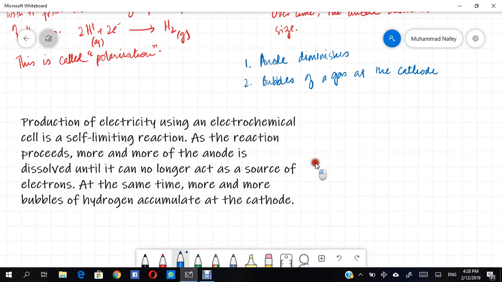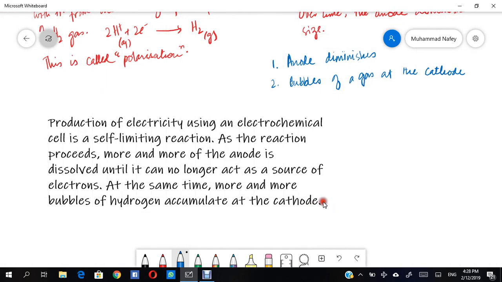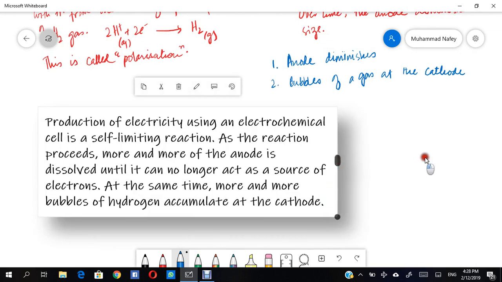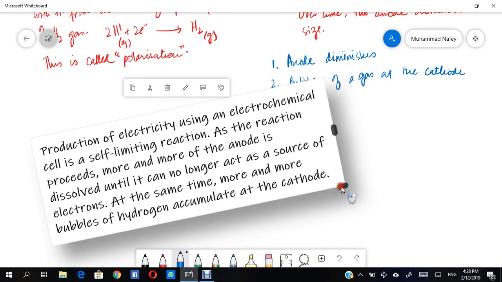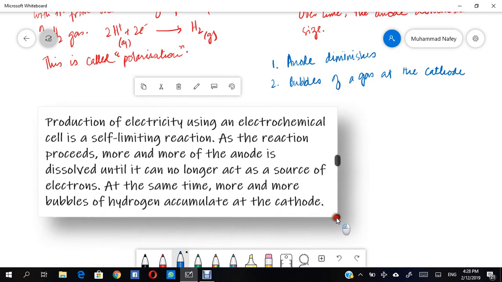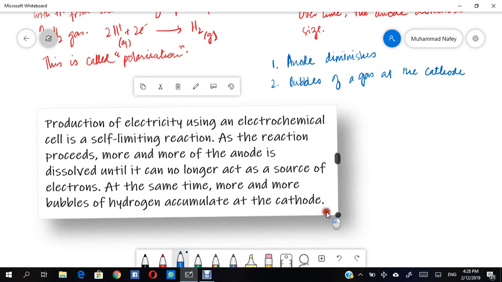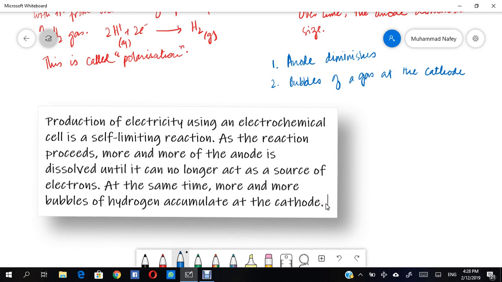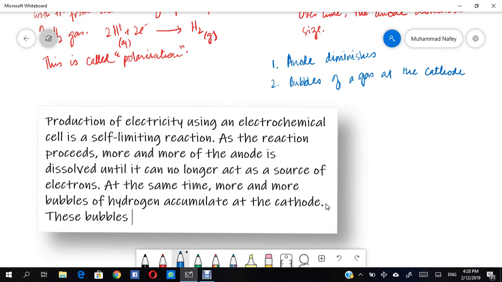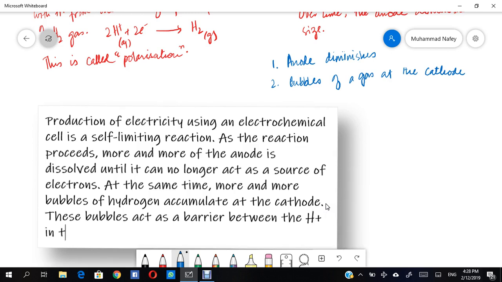These bubbles act as a barrier between the hydrogen ions, the H+ in the electrolyte, and the cathode.